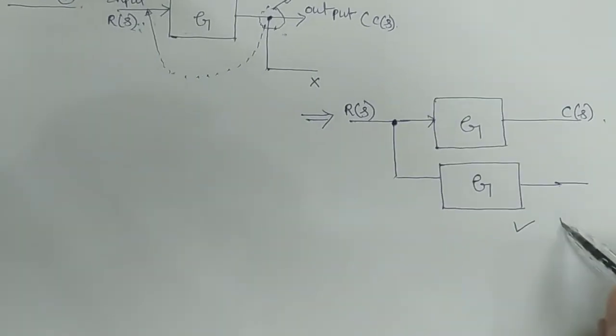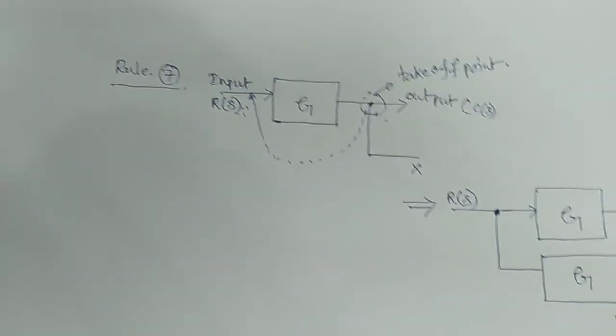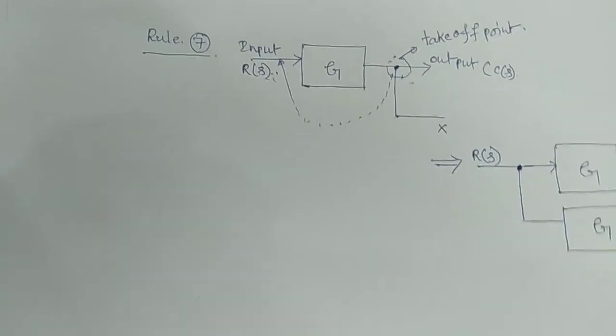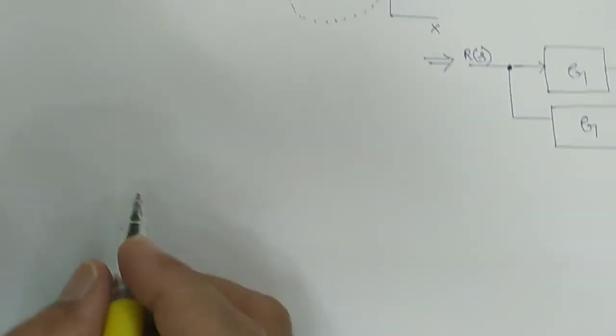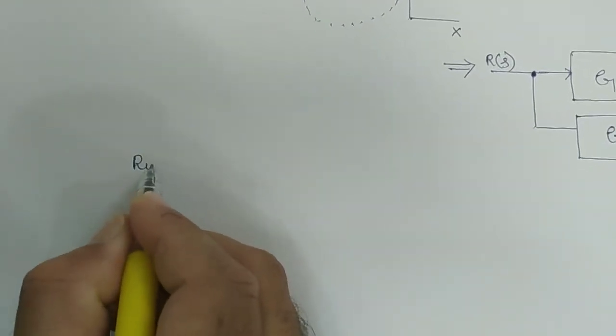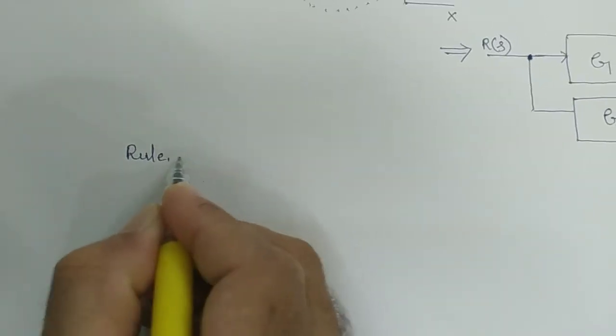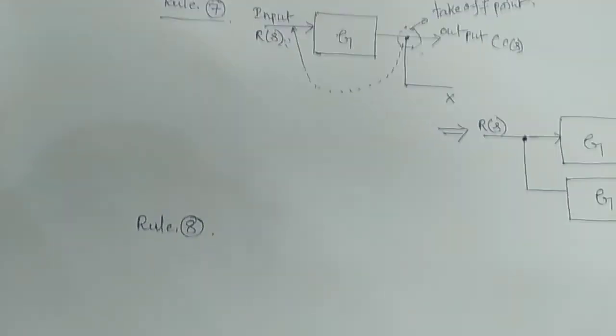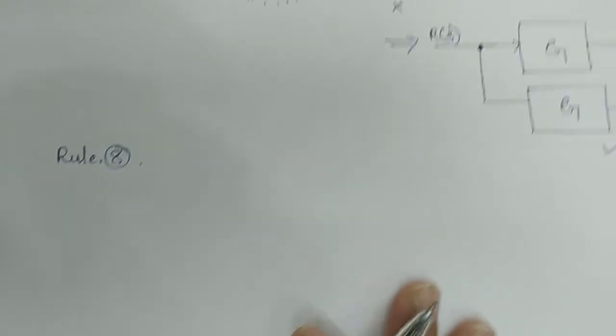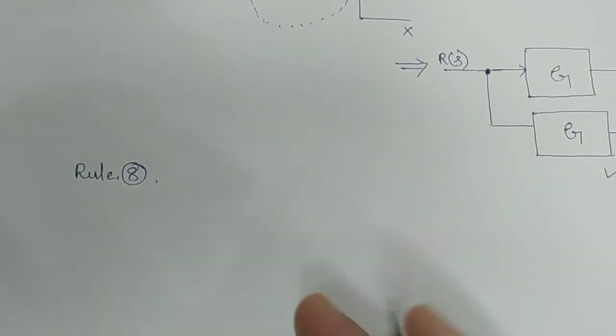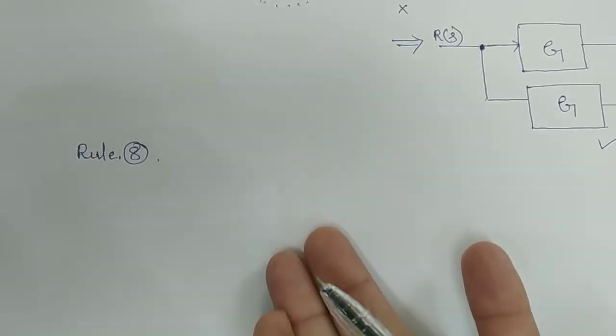This one you have to remember, this is rule number 7. And then next, rule number 8. What is rule number 8? Rule number 8 is nothing but adding of multiple blocks.